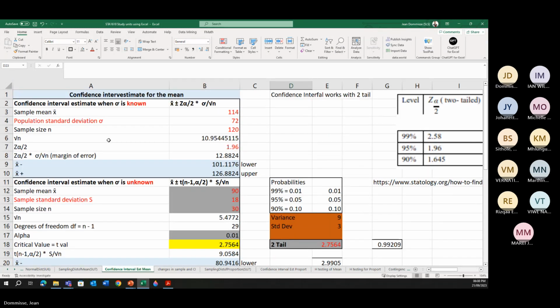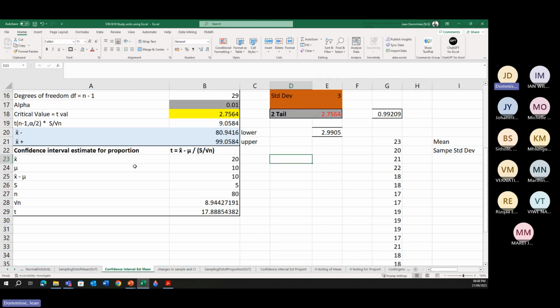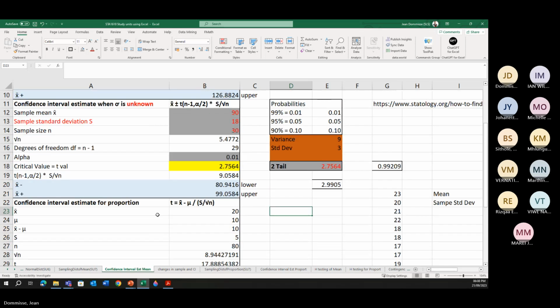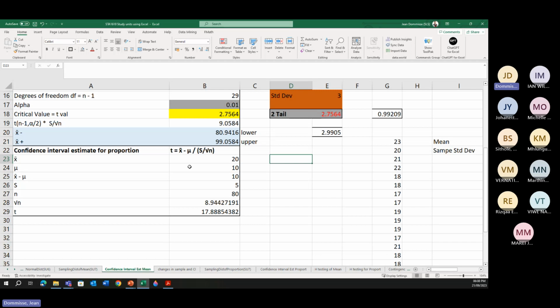Okay, so in here is also when it is known, and in here is also if you need to only work out certain values. Okay, there's a hand.